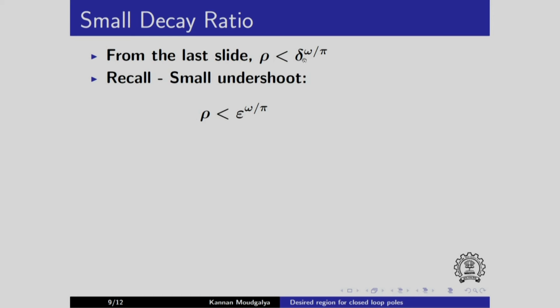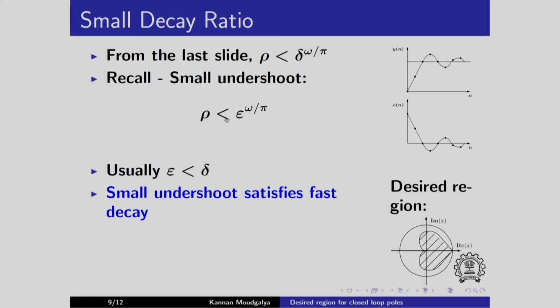Remember, 0.25 itself is 1/8 decay. So typically this delta is larger than epsilon, so usually epsilon is less than delta. As a result, small undershoot, if we satisfy this, it will automatically satisfy the decay condition required. So for both decay and undershoot condition, we have only one region.